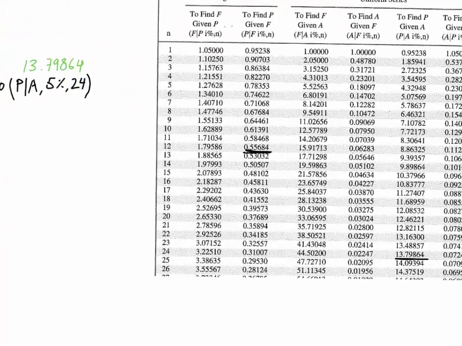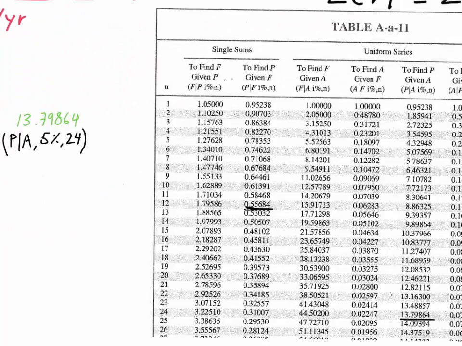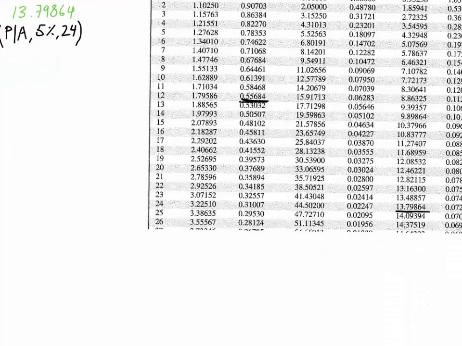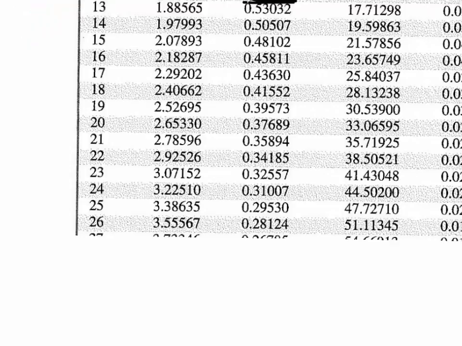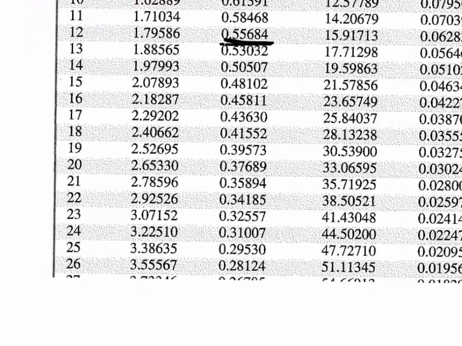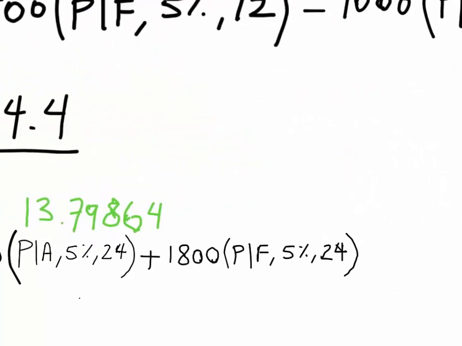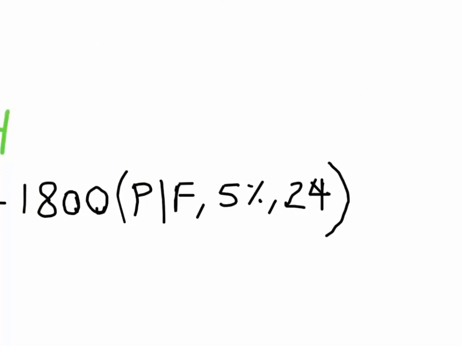So what we need to do is go back to the table. This is the P given F column. So going all the way down, and then I'm pointing here to the 24 years. So 24, that's the value we need to get. So plug it into the formula we have.